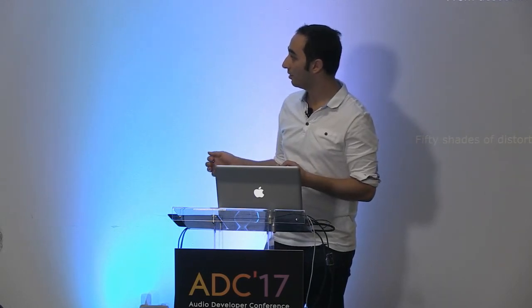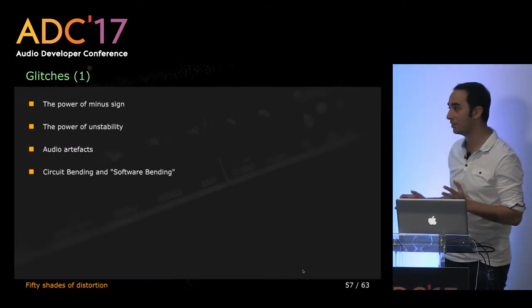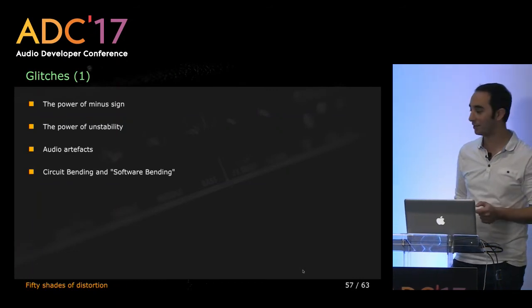It's quite interesting to use equations from the acoustic world to do audio effects. And we have something that I like a lot, which is what I call glitches. This is like when you do something wrong somewhere in your code. Usually, your JUCE plugin crashes and makes Reaper or anything crash, but sometimes it doesn't, and you get something else instead.